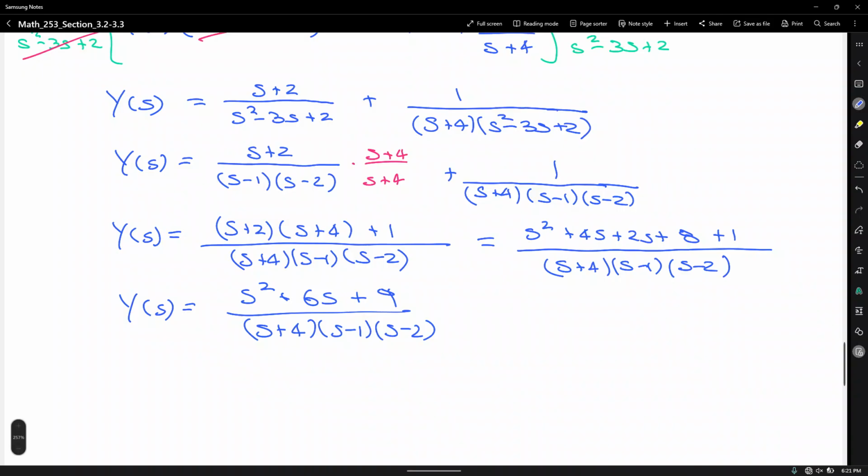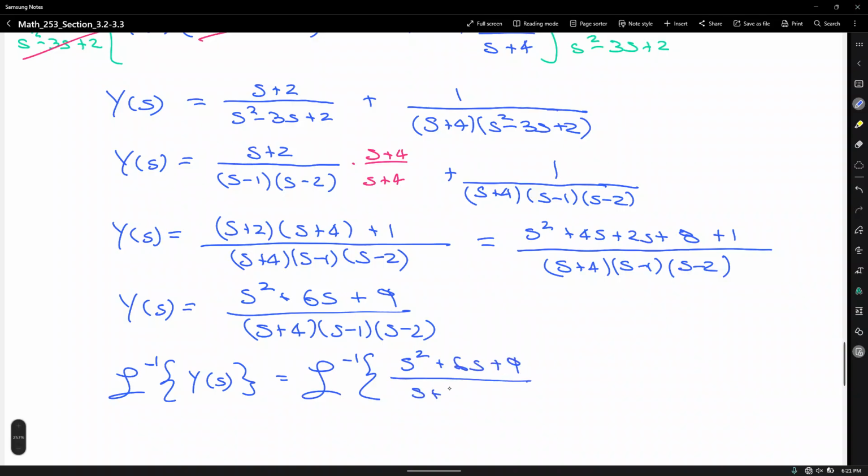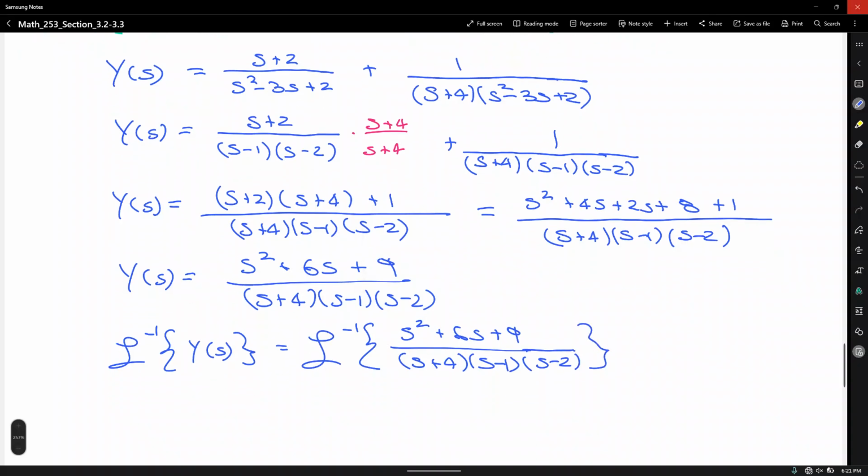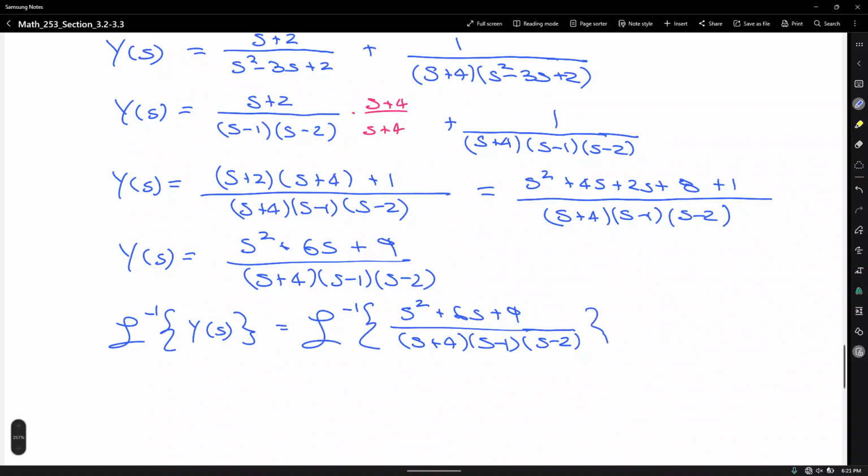How about we find the inverse transform of this? So finding the inverse transform of y of s equals the inverse transform of this humongous fraction divided by s plus 4, s minus 1, s minus 2. But didn't we already find the inverse transform of this fraction?